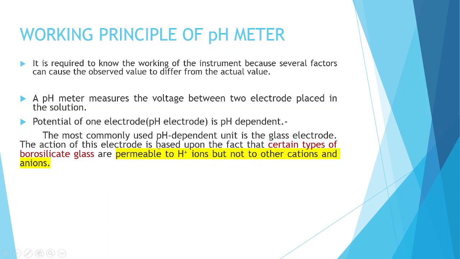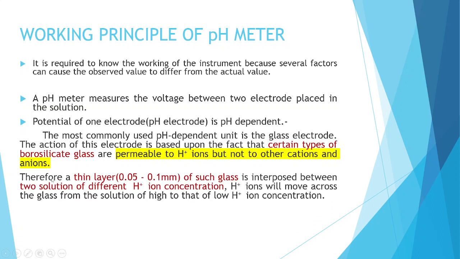The action of this electrode is based upon the fact that certain types of borosilicate glass are permeable to hydrogen ions but not to other cations and anions. Therefore, a thin layer, 0.05 to 0.1 millimeter, of such glass is interposed between two solutions of different hydrogen ion concentration.